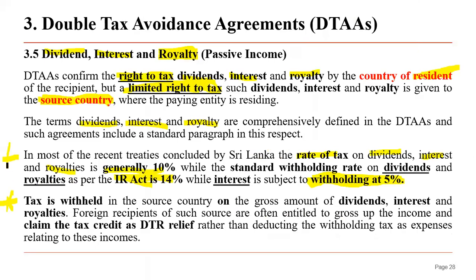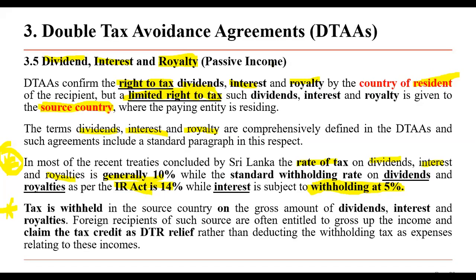This is the examinable point: what is the applicable rate we can apply if it is more burdensome in the Inland Revenue Act, or if it is more burdensome in the DTA. I will explain with the whiteboard. This is very easy to remember.